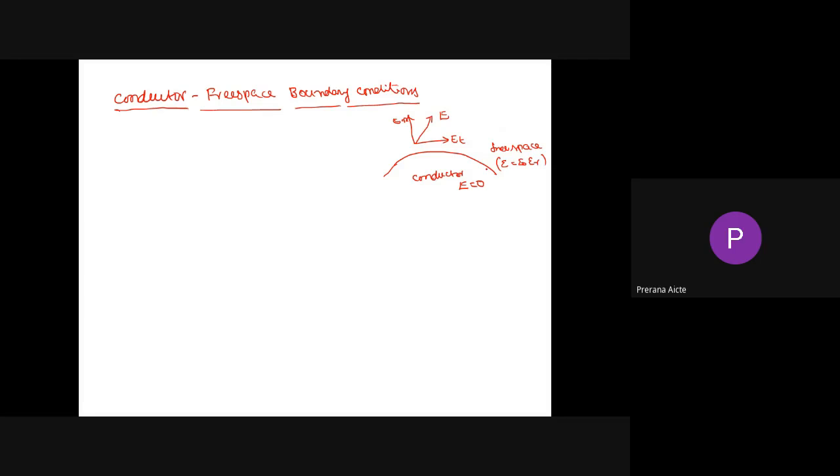The boundary conditions at the interface between the conductor and free space are given directly by substituting E equals 0 in the conductor, with the permittivity epsilon equal to epsilon naught into epsilon r.